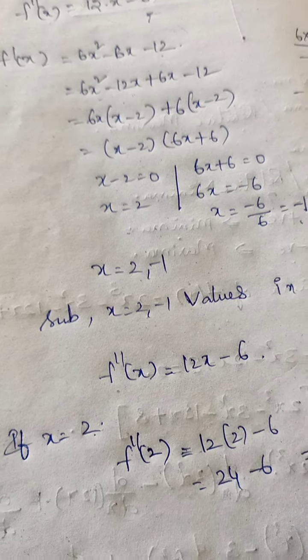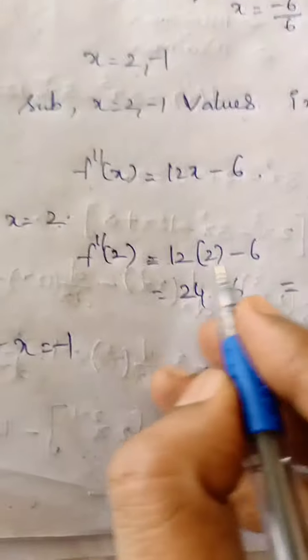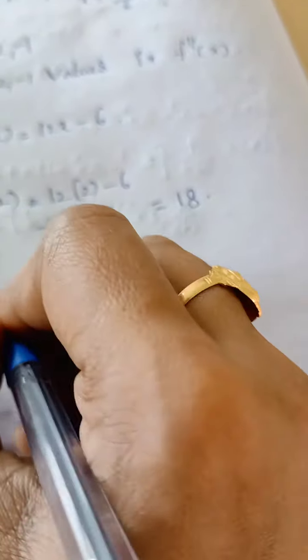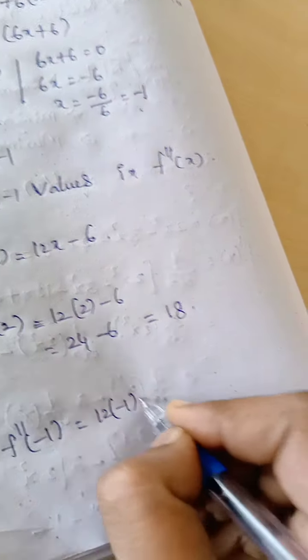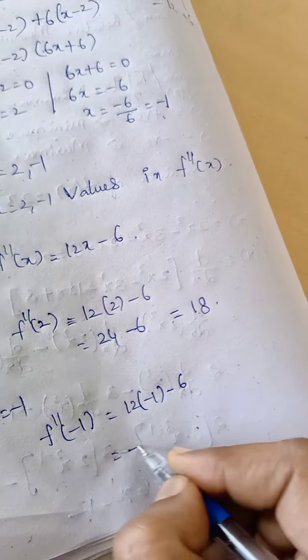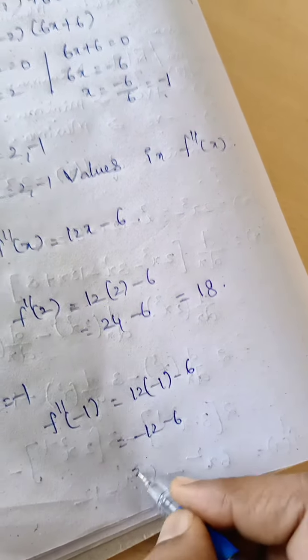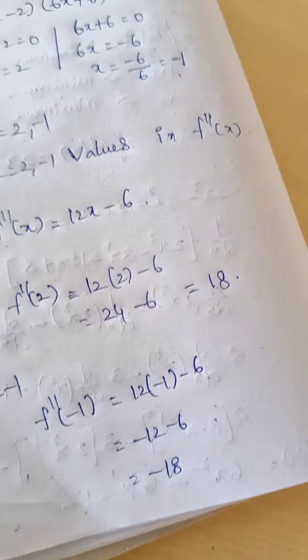Next, if x equal to minus 1, then f double dash of minus 1 equal to 12 into minus 1 minus 6, minus 12 minus 6, that is equal to minus 18.